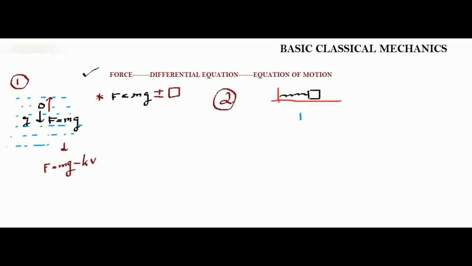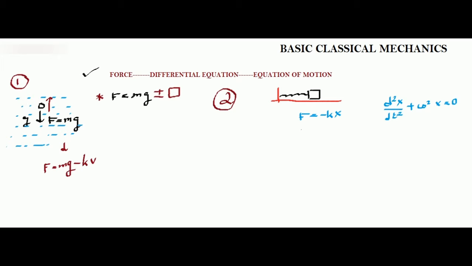The governing force equation is F equals minus kx. This force equation has a differential equation linked with it, which we all know as d square x by dt square plus omega square x equals 0. This is from the chapter on oscillation. If you want more details, it's better you read the oscillation chapter that we have provided in this CD.